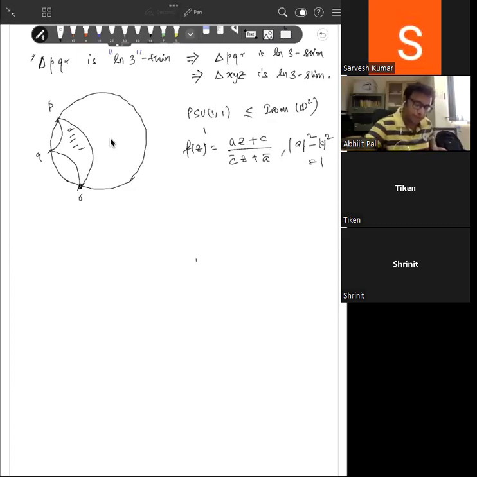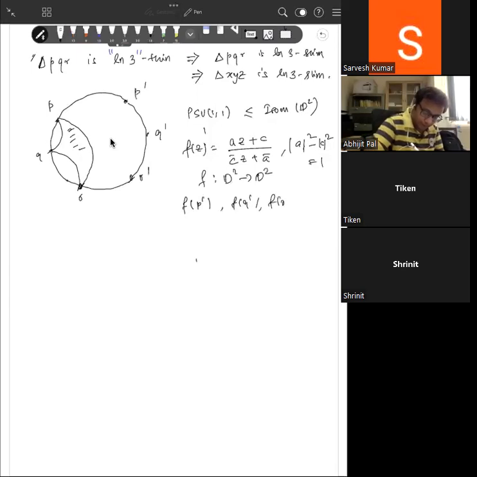This is again a Mobius transformation from disk to disk. If you are given any 3 points P prime, Q prime, R prime, then f(P prime), f(Q prime), and f(R prime) again lie in the circle. So this is one thing.